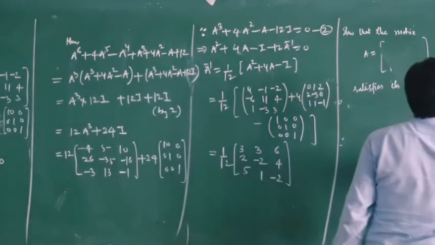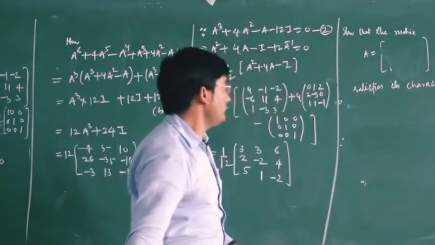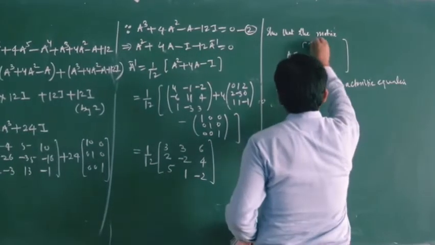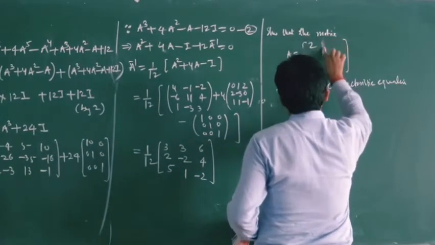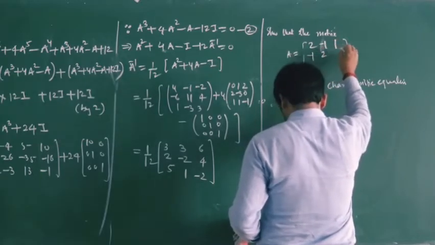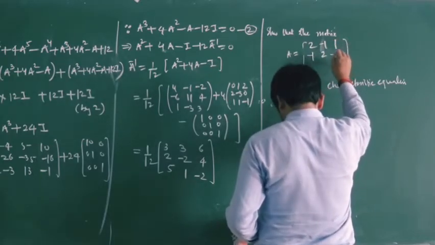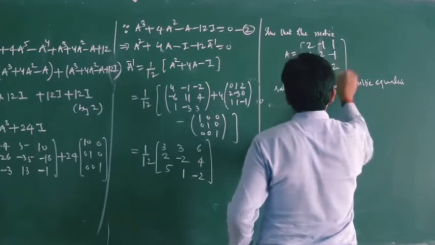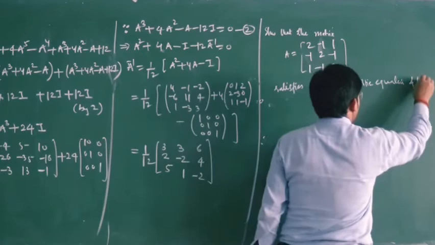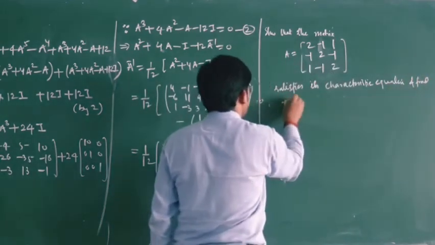Verify that the matrix satisfies its characteristic equation, where our matrix is: first row 2, minus 1, 1; second row minus 1, 2, minus 1; the third row is 1, minus 1, 2. So that this matrix satisfies its characteristic equation, and find A inverse.